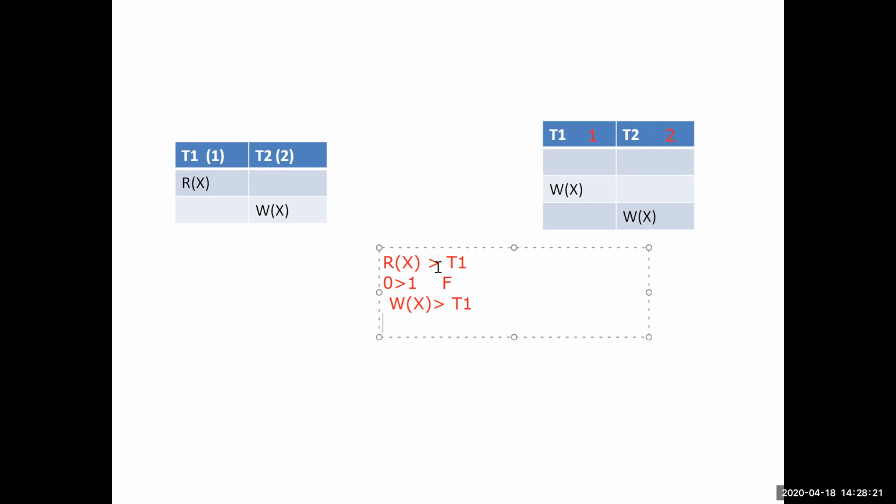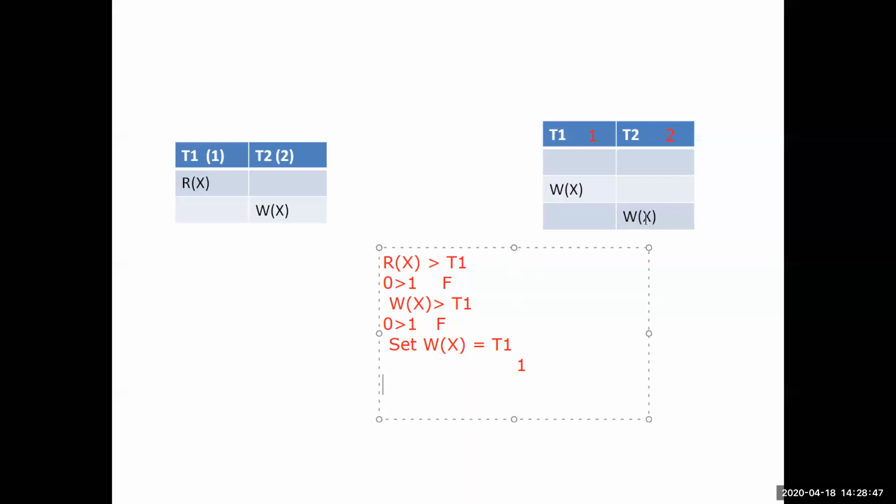So is 0 greater than 1? The answer is fail. And then set write timestamp of X equal to the timestamp of that transaction, which is now 1. So my write timestamp has updated from 0 to 1.